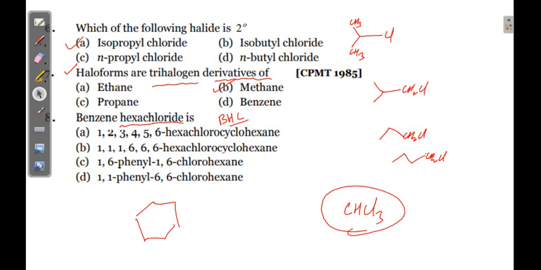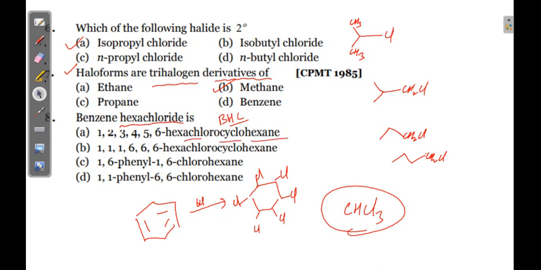In this benzene, 6 chlorines came. That means an addition reaction took place, so all 6 chlorines are present here. Now, what is the IUPAC name of this? 1, 2, 3, 4, 5, 6.